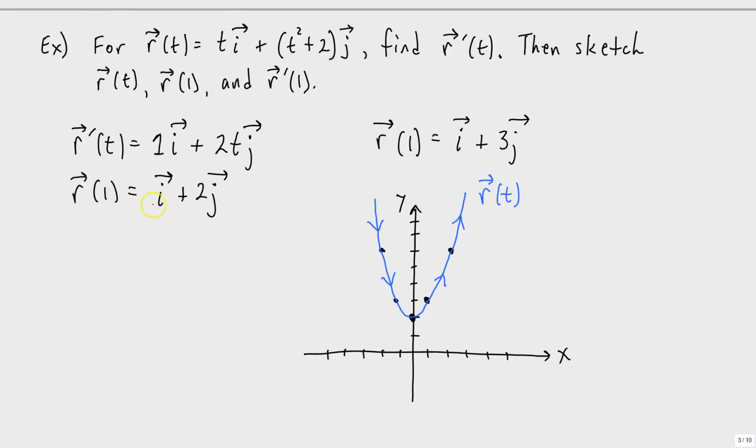Well, r prime evaluated at 1 was 1, 2. So that was this point. Oh, wait a minute. So actually that was the derivative evaluated at 1. So r of 1 was 1, 3, so 1, 3 was this.